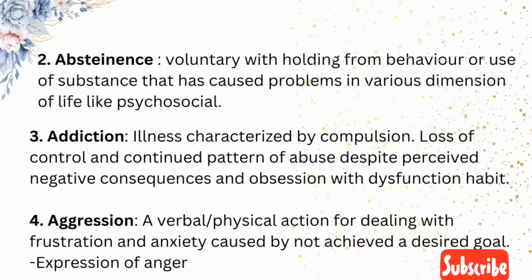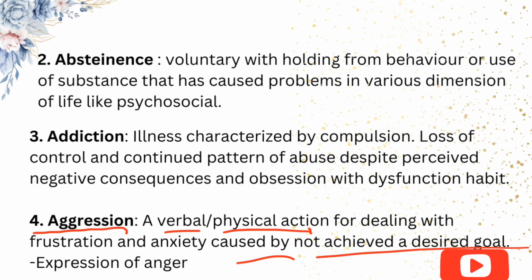So the next is aggression. Aggression, we all know, means the anger which a person expresses. So aggression is verbal or physical action for dealing with frustration or anxiety caused by not achieving a desired goal.